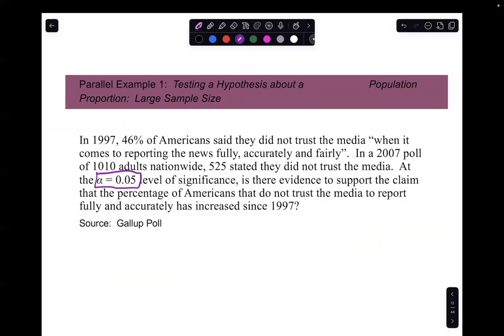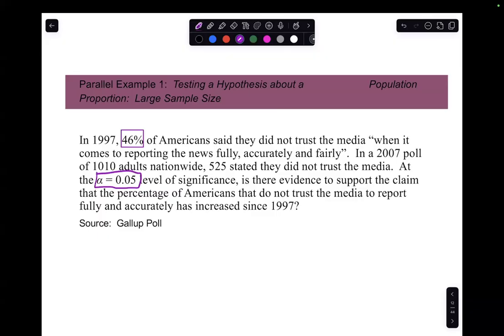We want to know if there's evidence to support the claim that the percentage of Americans who do not trust the media fully and accurately has increased since 1995. So this right here, our P, the value that we're going to test against is going to be this 46%. That's what we're testing against.